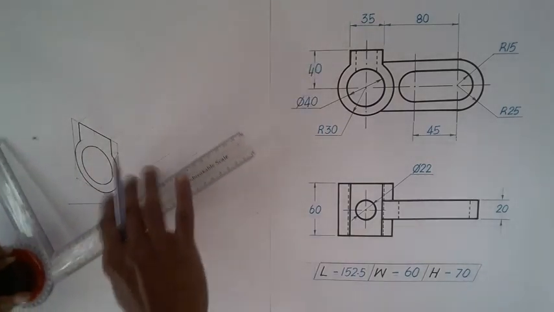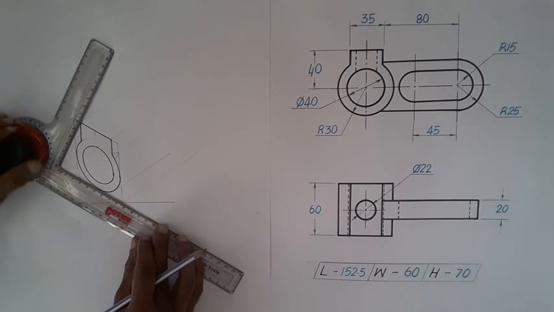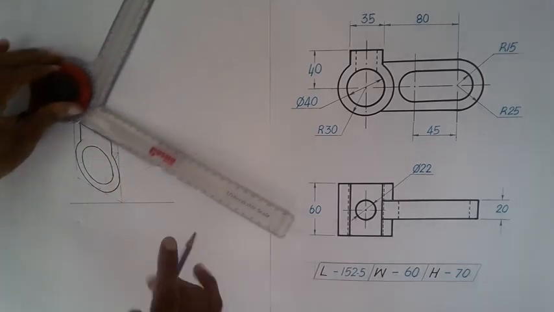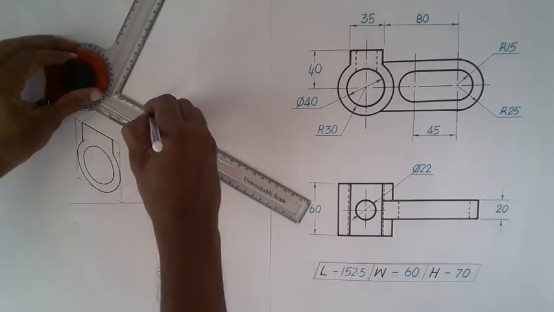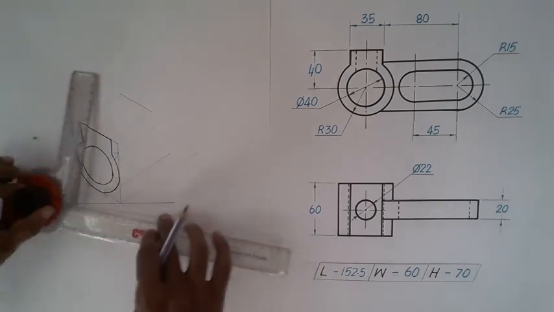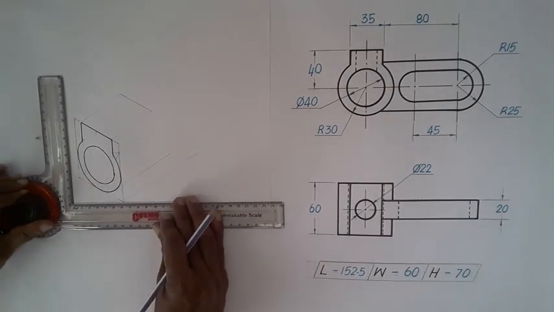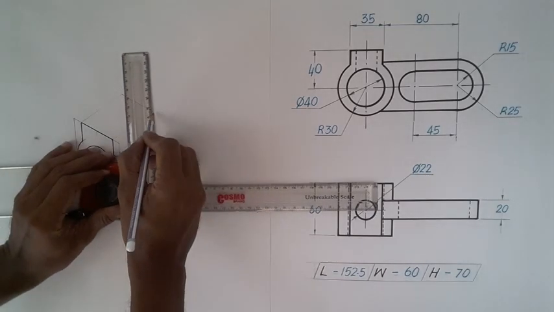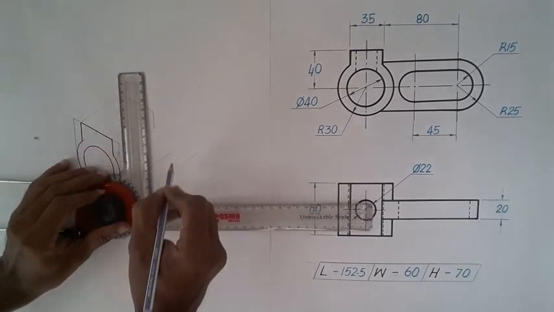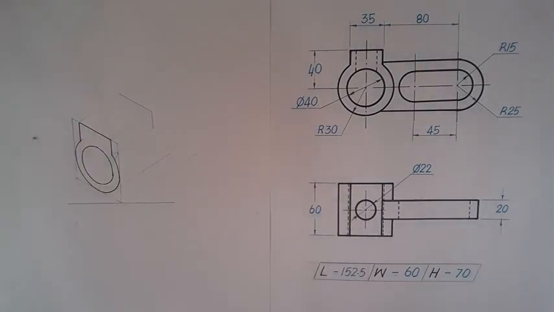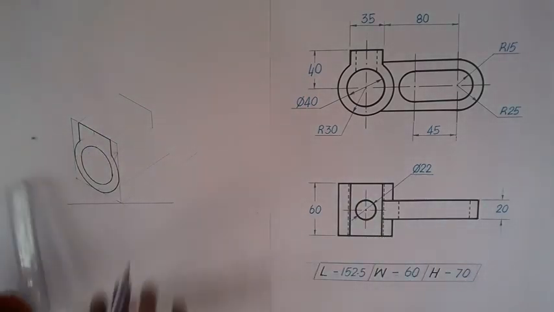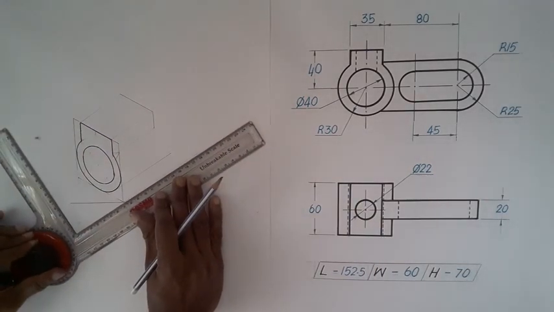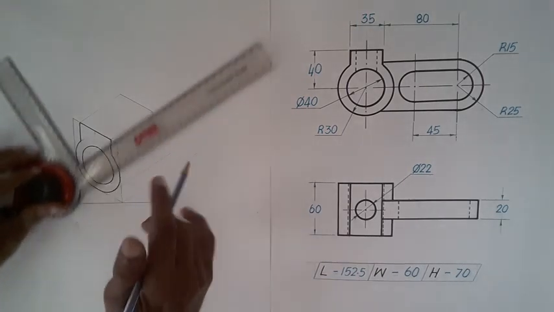Now we can connect all the end points of 60 mm lines. So we have now copied this rectangle over here, and of course let us mark the center of the circle.